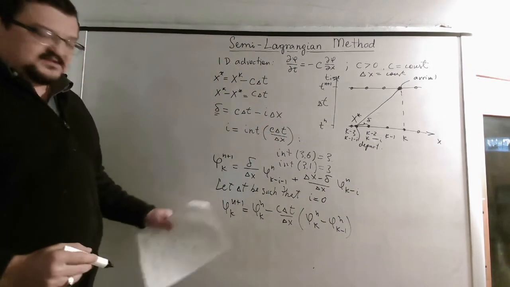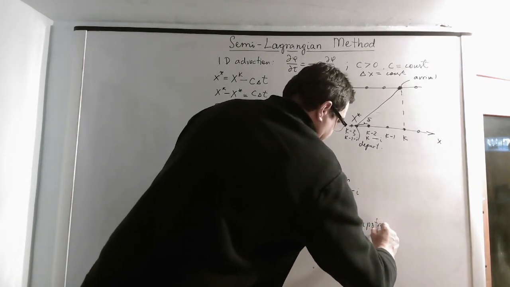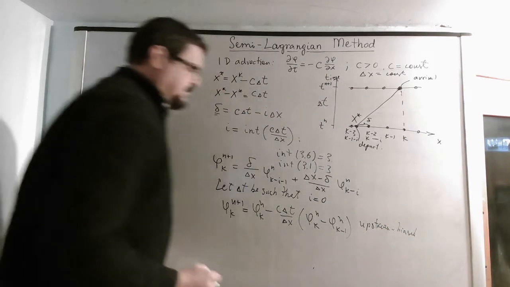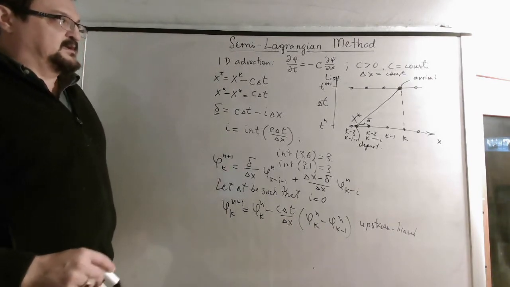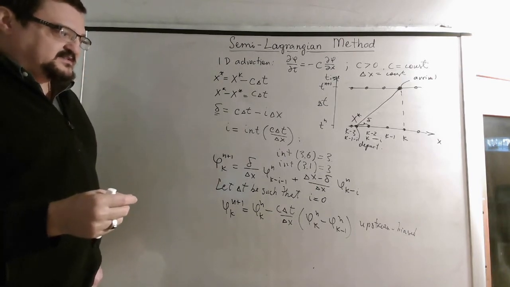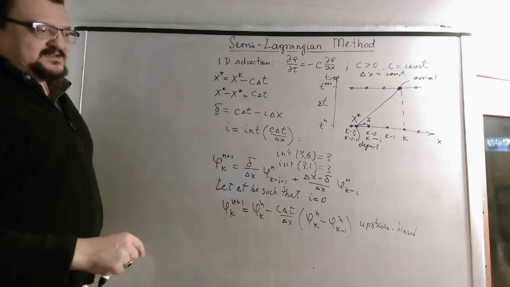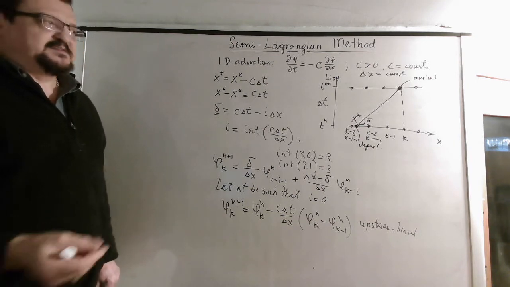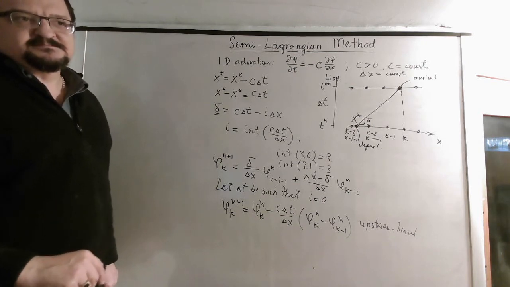And you would immediately recognize this as the upstream scheme that we used before. It's first order in space and time. So you see that the semi-Lagrangian method, for the case when the stability criterion is satisfied, is just a basic finite difference scheme. There is no advantage of using the semi-Lagrangian method if your time step is small enough.